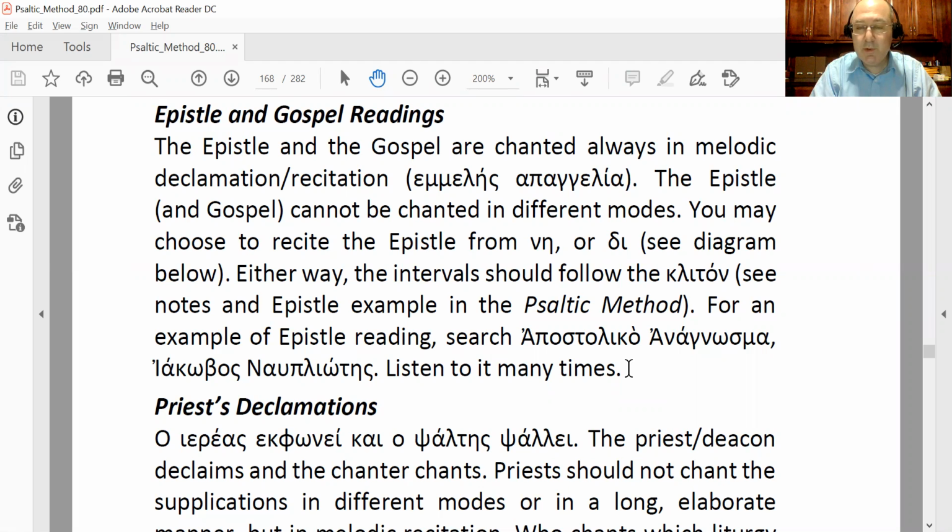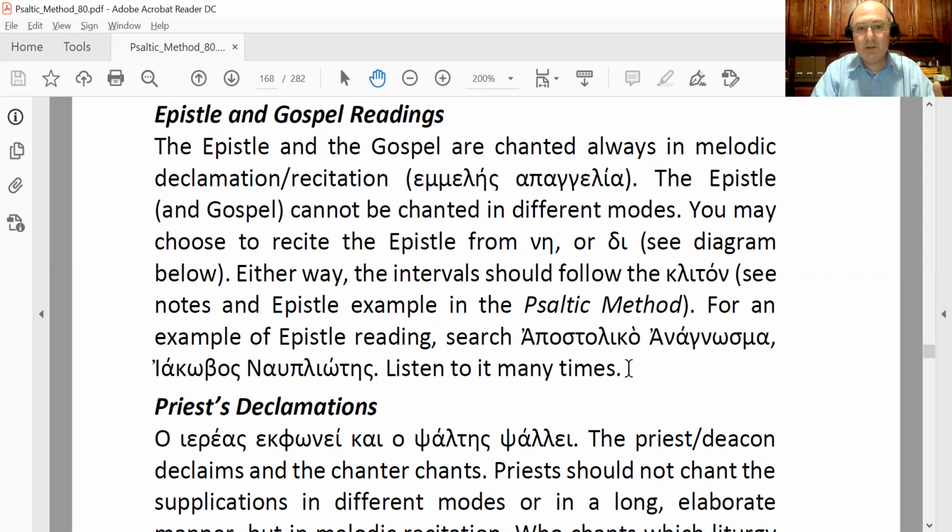Epistle as a word might be a little bit misleading because in the Greek language we call the epistle apostolos. Apostolos is translated as apostle, and epistle is a translation of epistoli, which actually means a letter.